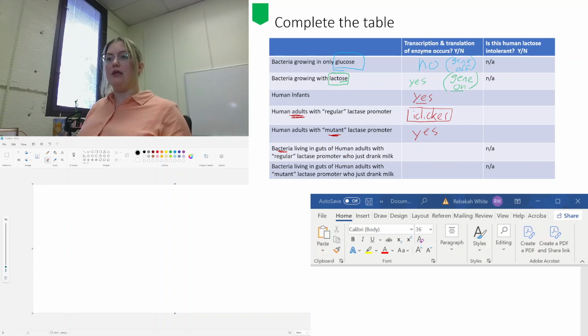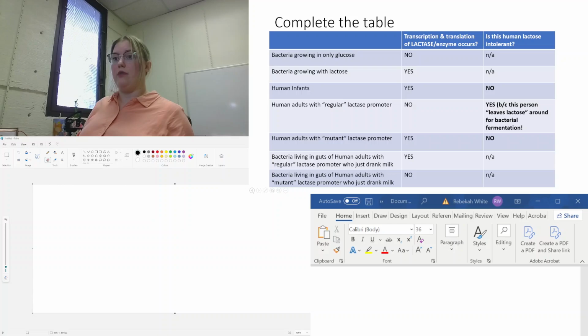So if a bacterium living in a human gut is just hanging out, and then their human drinks a glass of milk, if that human has a regular lactase promoter, is this bacterium going to be transcribing and translating the lactase gene? Our human has a regular lactase promoter, so we go back up here. Are they making lactase? No.